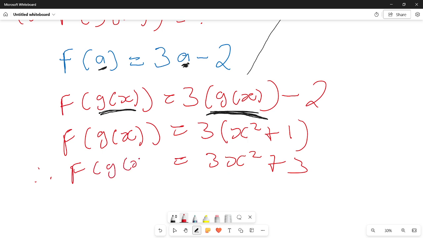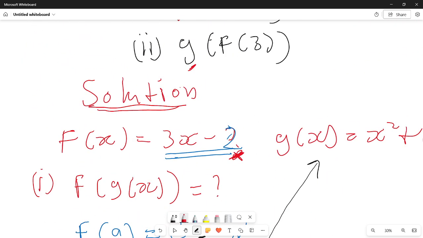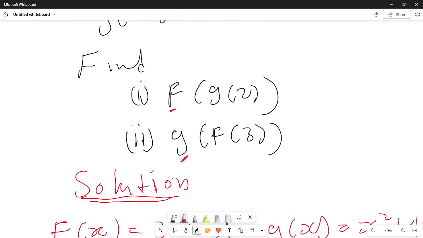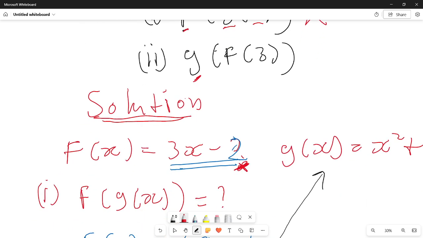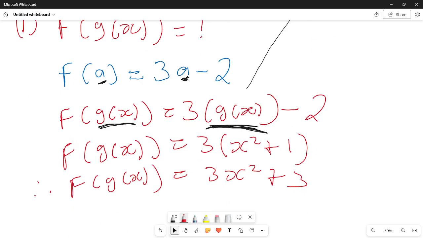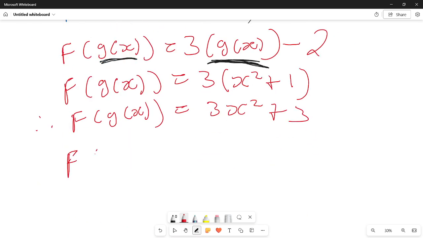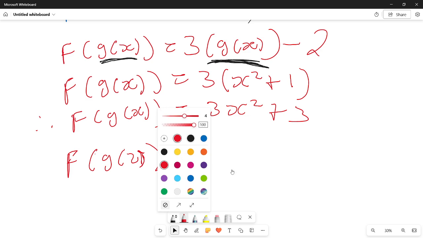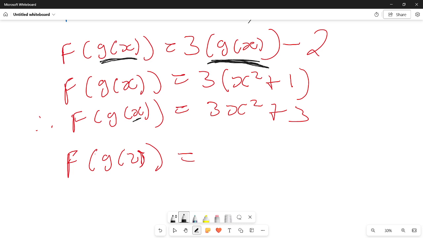Now, let's go back to the question. The question is asking us to find f of g of 2. So in this case, f of g of 2 equals, take note that we have x here, and here we have 2.